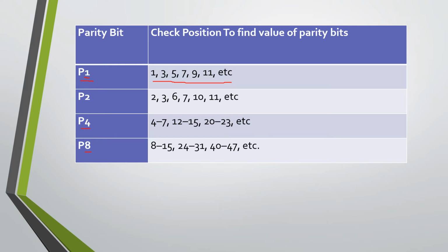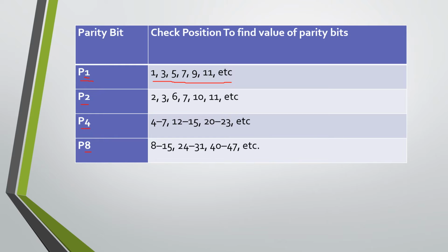In the same way, P2 covers all the bit positions whose binary representation includes 1 in the second position from the least significant bit, like 2, 3, 6, 7, etc. That will be discussed in the next diagram in brief.